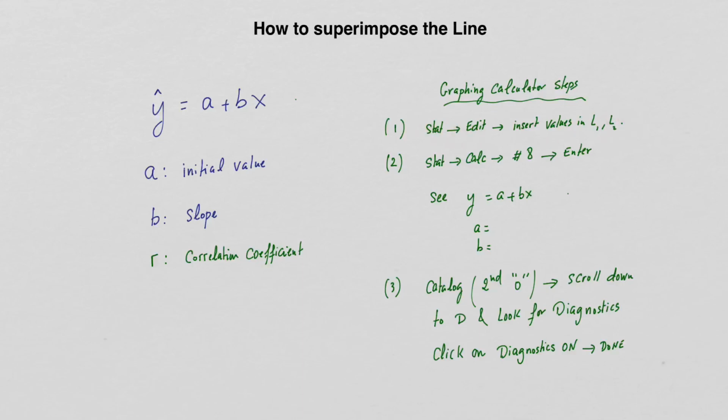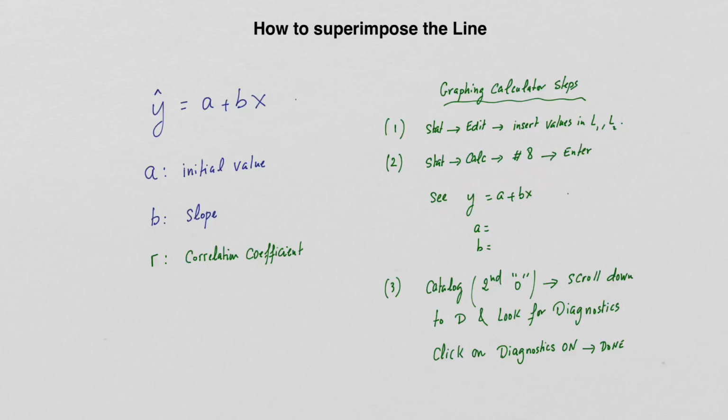So you know how to do this. Then step 2, you click on Stat Calc and you either scroll down to number 8 or literally press the number 8 and it's going to scroll down. And you're going to see something like this. Click Enter and you're going to get your values. You're going to see this on the calculator.